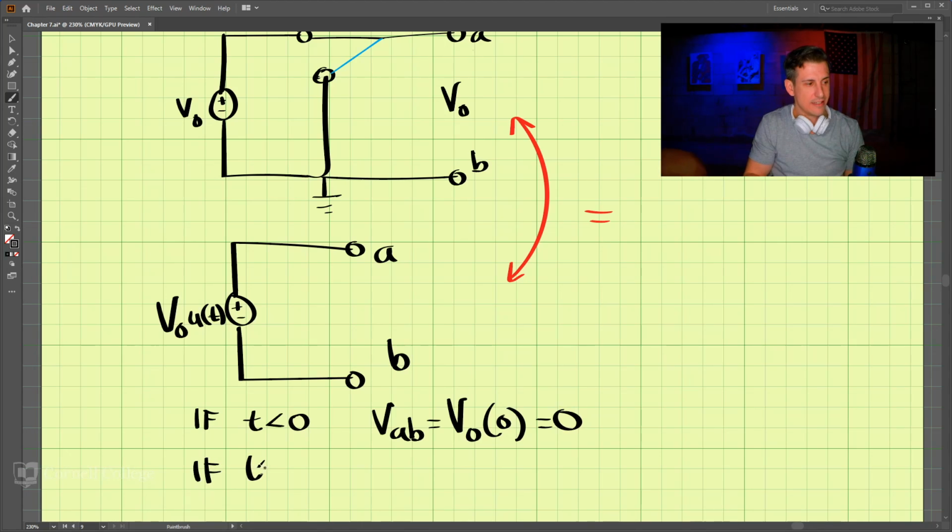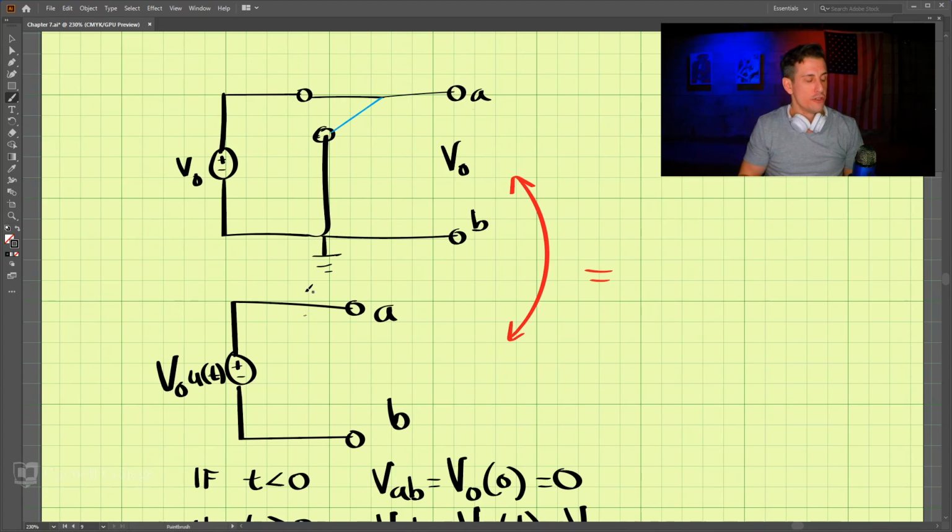If t is bigger than 0, the voltage AB is equal to V naught times 1, which is V naught. So this is a way to use a unit step function to simplify these two, because these two are equal to each other.